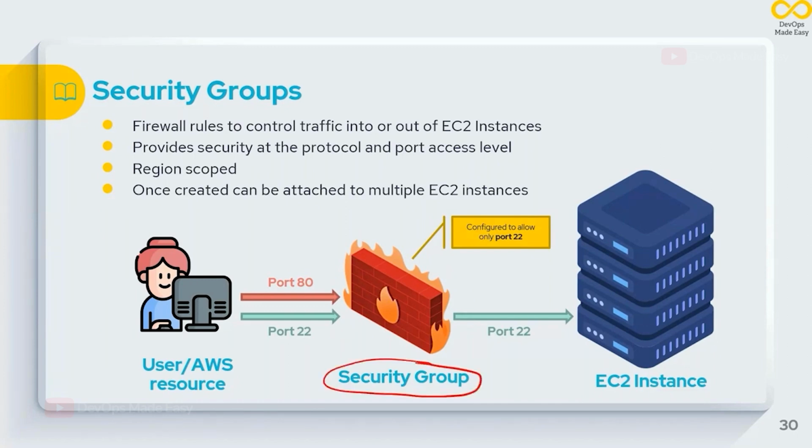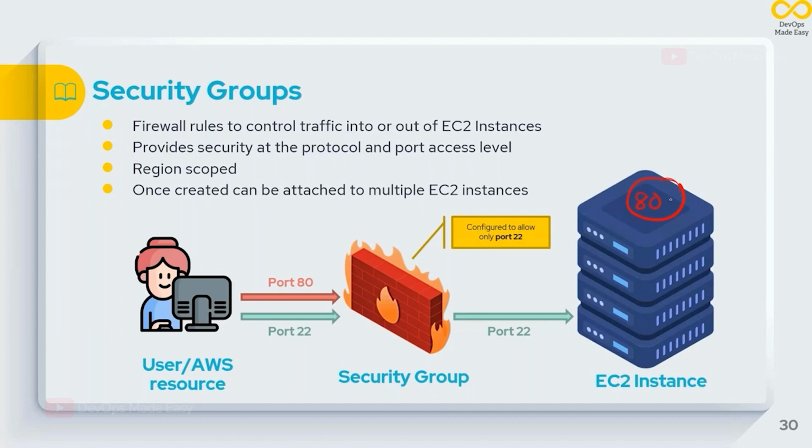A security group defines what ports and what IP addresses are allowed to reach your machine. By default, port 22 is allowed, because without 22, no one will be able to SSH. But what if I run another application that runs on port 80?